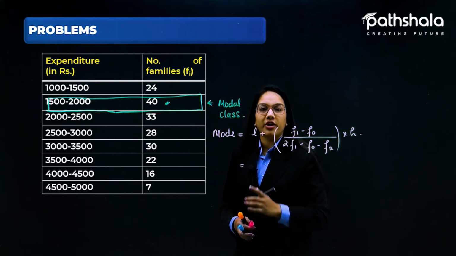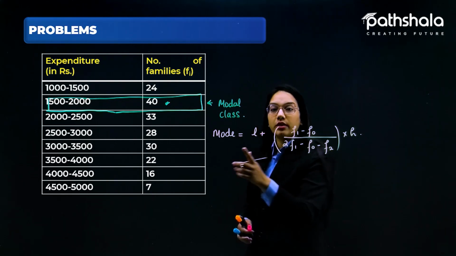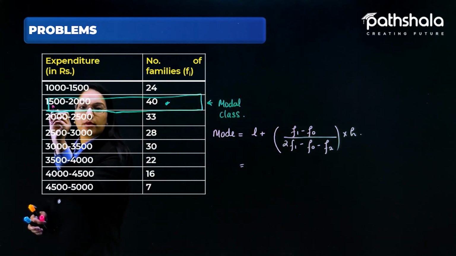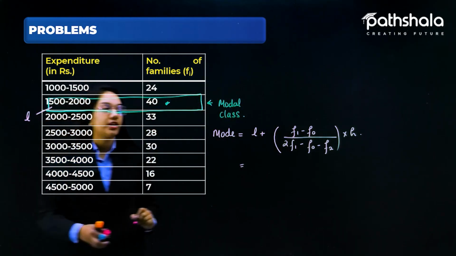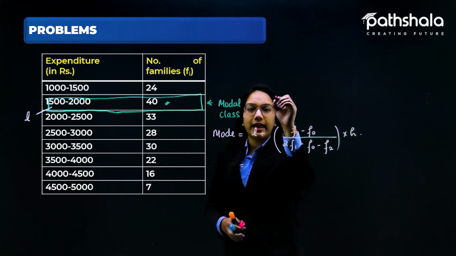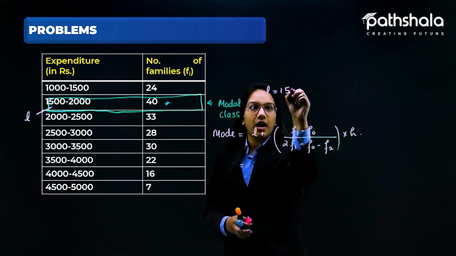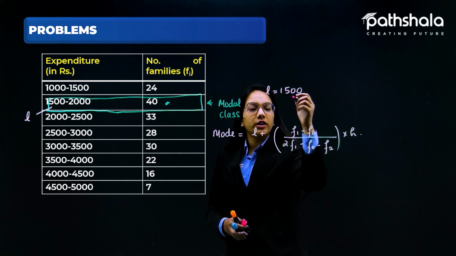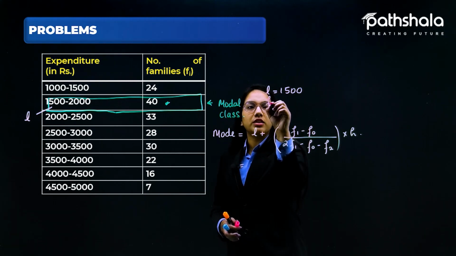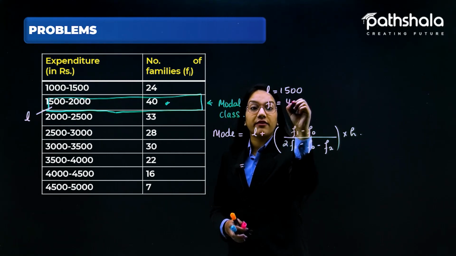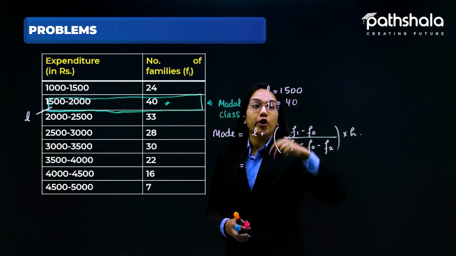First of all, L is the lower limit of the modal class, and the lower limit of the modal class is 1500. So L is equal to 1500. What is F1? F1 is the frequency of the class, which is 40.